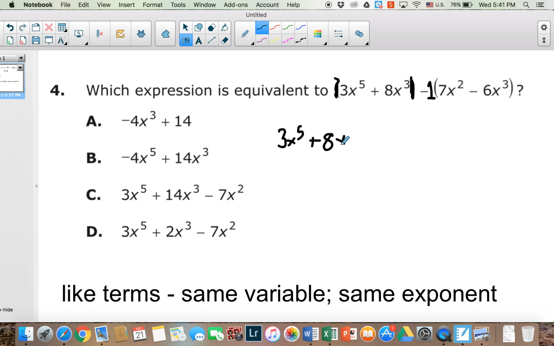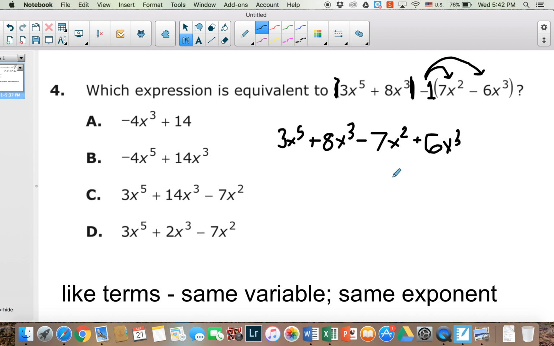But this second parentheses actually represents our distributive property. -1 times 7x squared is a -7x squared. And -1 times a -6x to the third is plus 6x to the third.